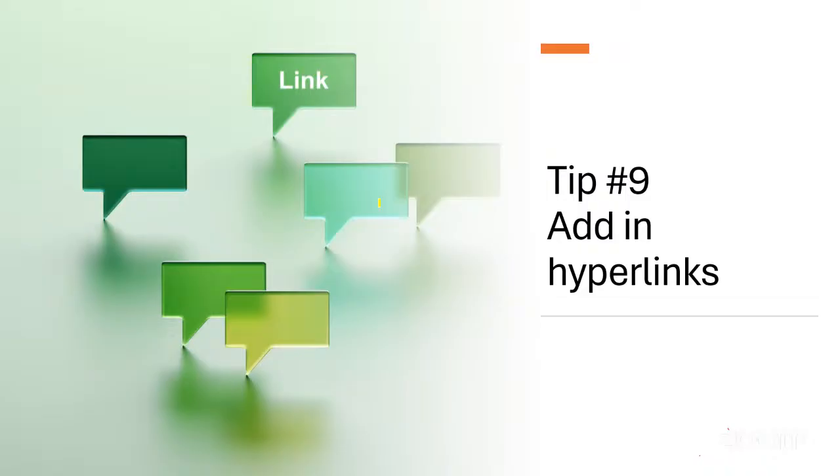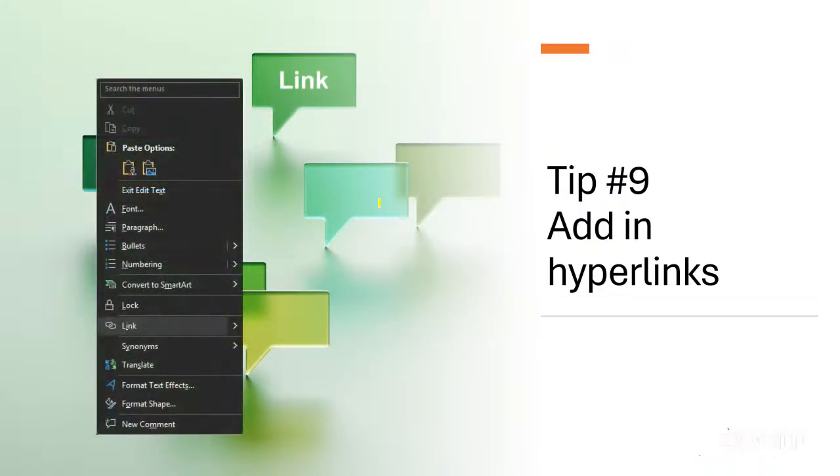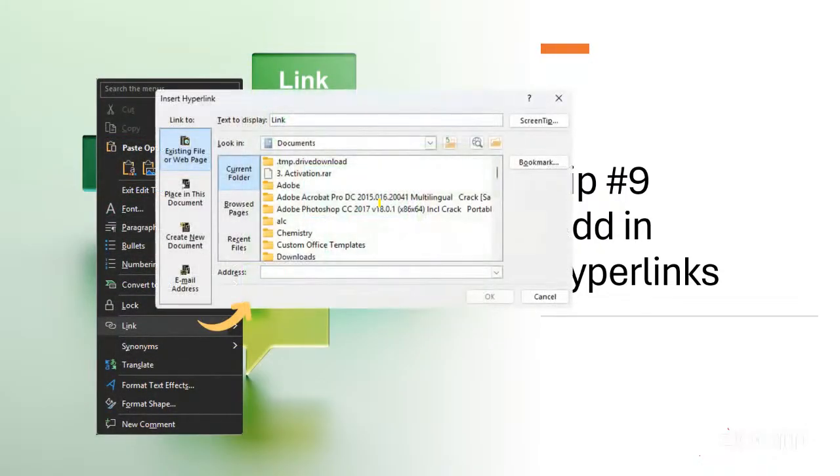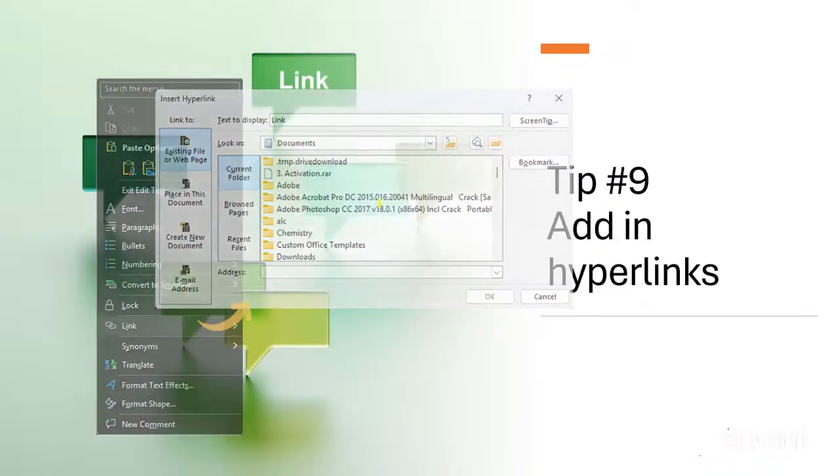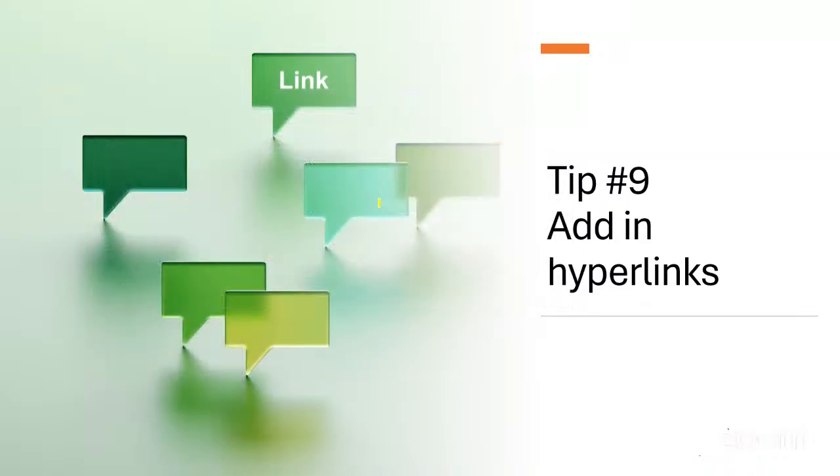So you select whatever item. Let's assume I want to select this text that says link. Right click, and then go down to link. From there, you can choose what exact action you want that hyperlink to do, like going onto a website, playing a sound, playing a video, whatever it is. Once that link is created, if you chose a text, the text will become underlined and blue in color.